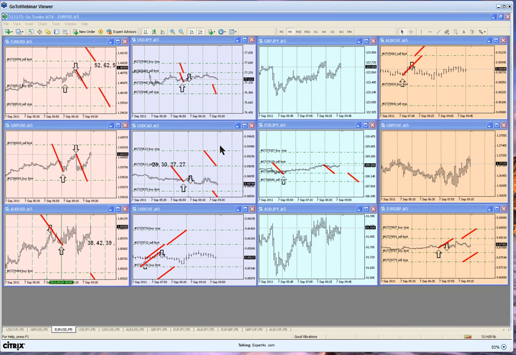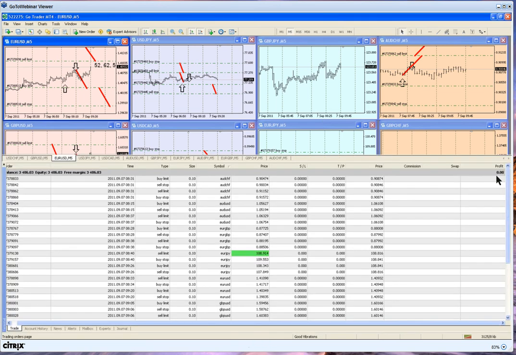All right, there's a little bit of life coming into the market here. Let's see if something happens. Nothing. Not a single activation. So the euro yen looks like the best at this stage.